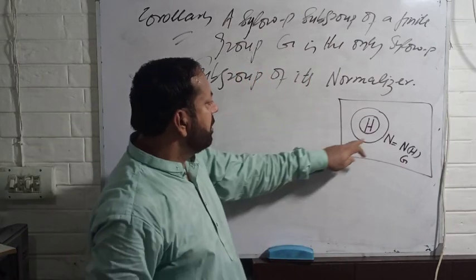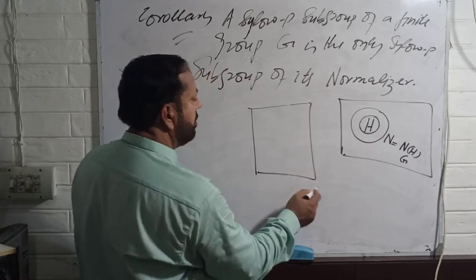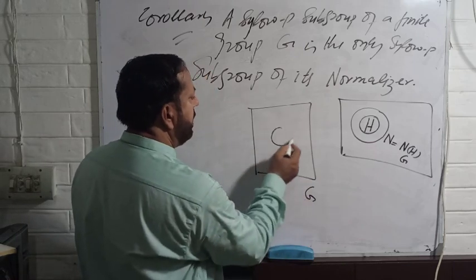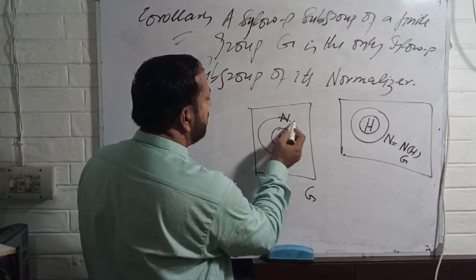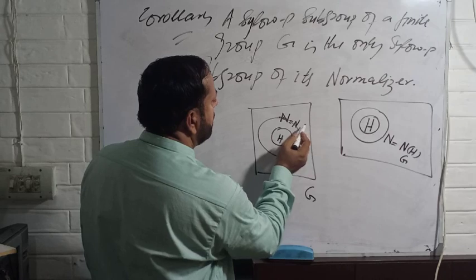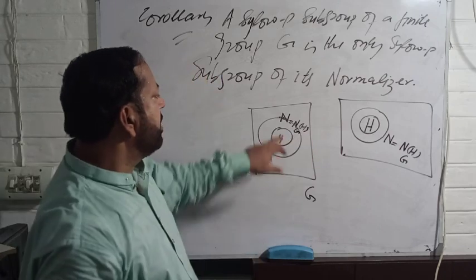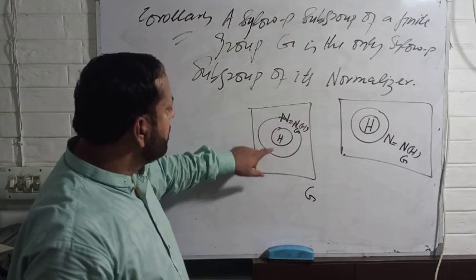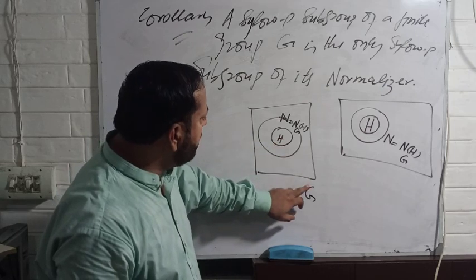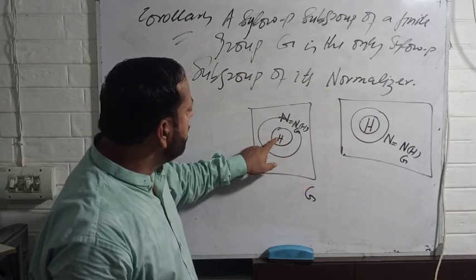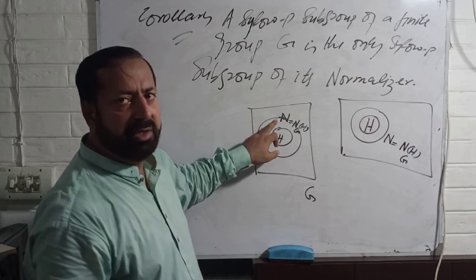Okay, you have H. Say this is your G, and this one is H, and this one is its normalizer, say N. You know, a normalizer is N of H in G. We like to write capital N. So if H is a Sylow P subgroup in G, then H is the only Sylow P subgroup of its normalizer.